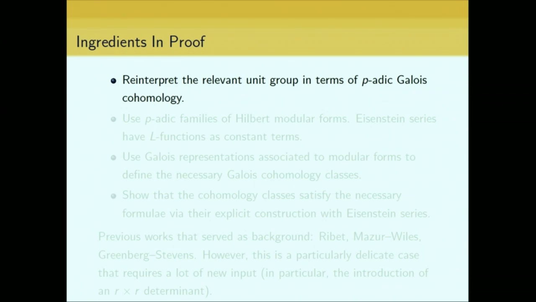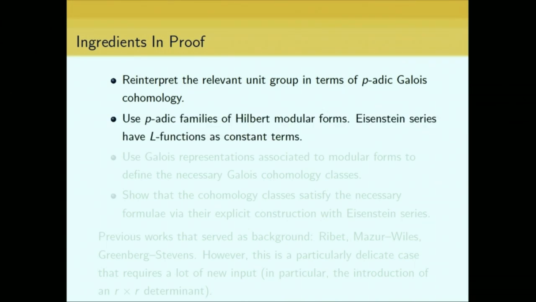This is basically just Kummer theory, like the usual connection between the Mordell-Weil group of an elliptic curve and the Selmer group. In this case, we know that map is an isomorphism because the obstruction, which in the elliptic curve case is the Sha, is in the unit case just the class group, which is finite. So we can reinterpret the unit group in terms of p-adic Galois cohomology.